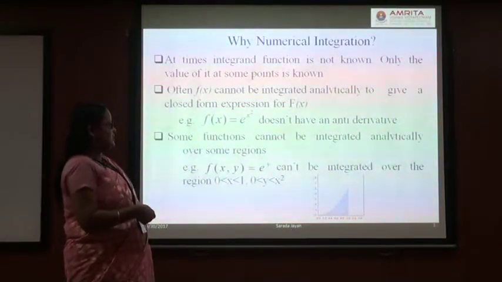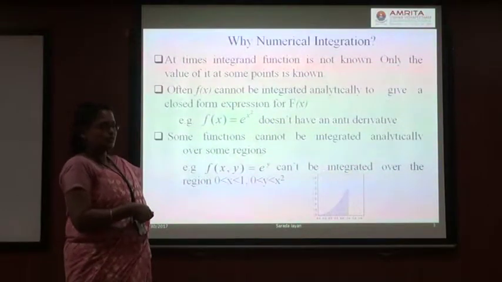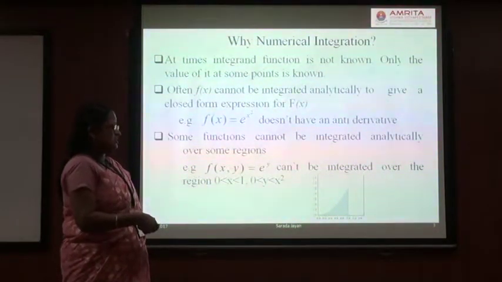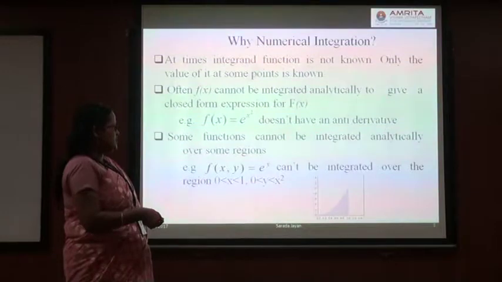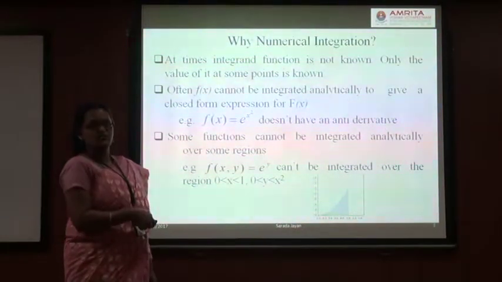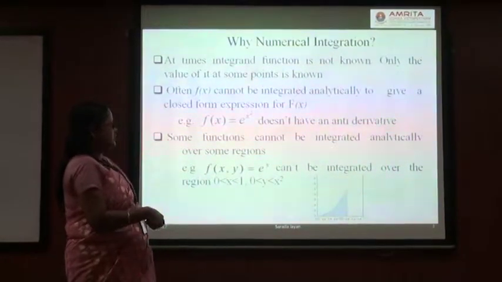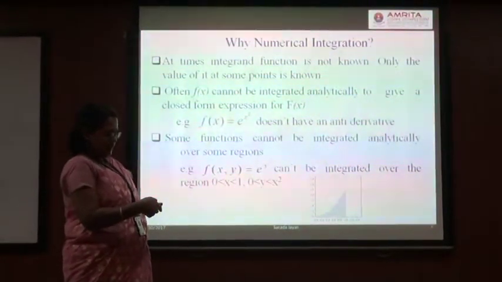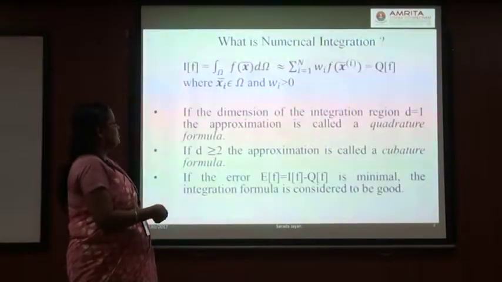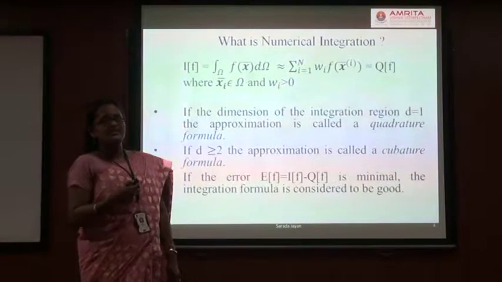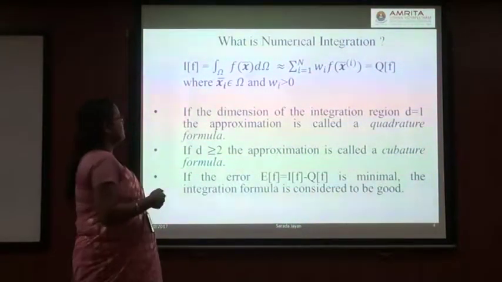Also, some functions, even though e to the y is a very simple function, cannot be integrated over some domains. If you try to integrate this e to the y over this integration domain, we are not able to find the antiderivative, so we cannot integrate that function over this domain. That is the reason why we need numerical integration.